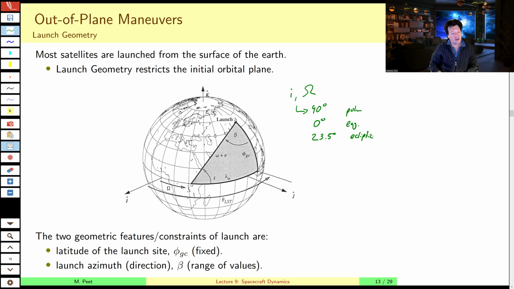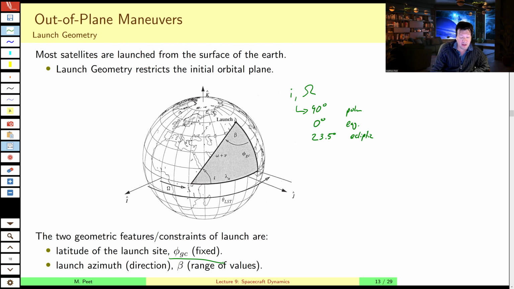Right. So as I said, the launch geometry determines the inclination of the orbit you launch into. So there are two parameters which you can control to some extent based on your launch geometry. So the first, and the most inflexible, is the latitude of your launch site. So once you pick your spaceport, that latitude is fixed.